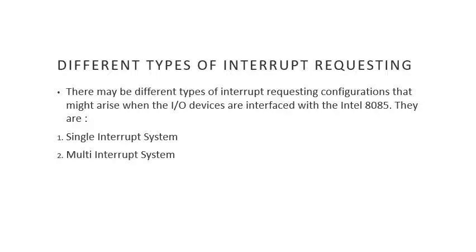Thus, one device is connected at a time to each level of the interrupt. When a device interrupts, the microprocessor immediately recognizes which device has raised the interrupt signal and identifies the location in memory where the required subroutine is stored. This kind of interrupt scheme is referred to as vectored interrupt.